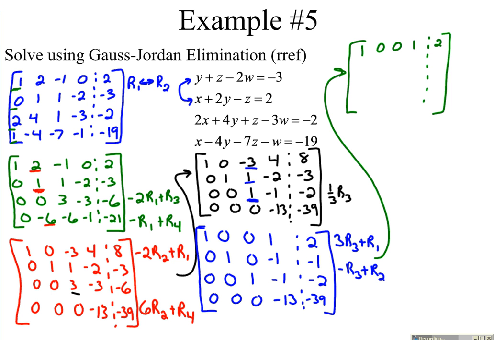Row 2 is not going to change. 0, 1, 0, -1, -1, and 0, 0, 1, -1, -2. I'm taking 1/13 times row 4. Actually, -1/13. We get 0, 0, 0, 1, and 3.